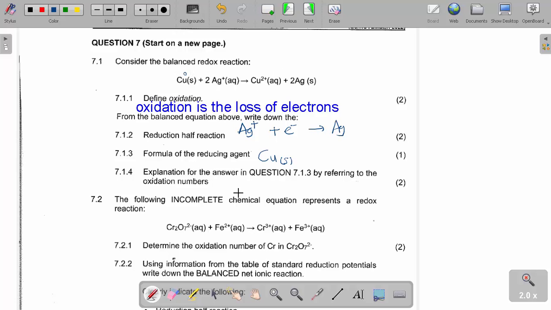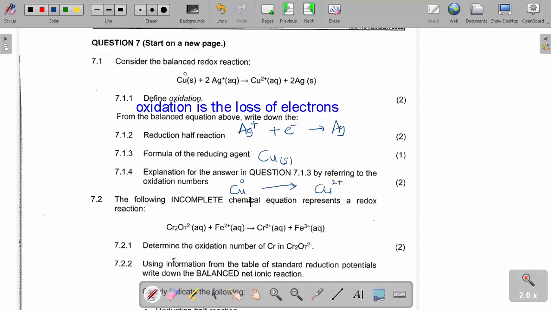So, because of the increase in oxidation state from copper 0 to copper 2, which is this Cu2+, that's why this copper is the reducing agent. Why? Because if they say define a reducing agent, we say that it is a substance which is oxidized in a redox reaction. So this copper was oxidized to copper 2. That's why it is a reducing agent.